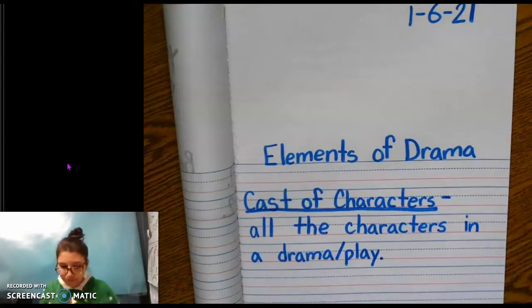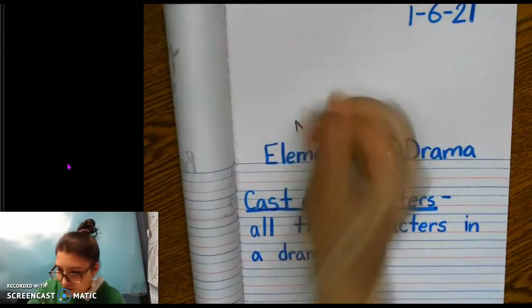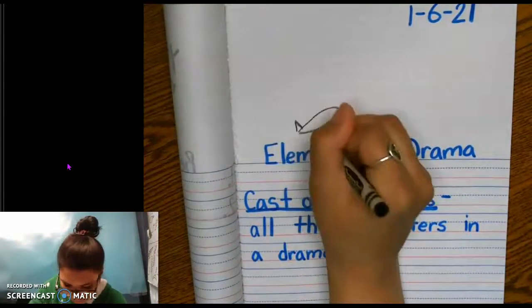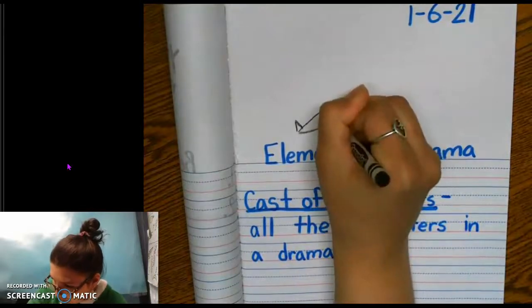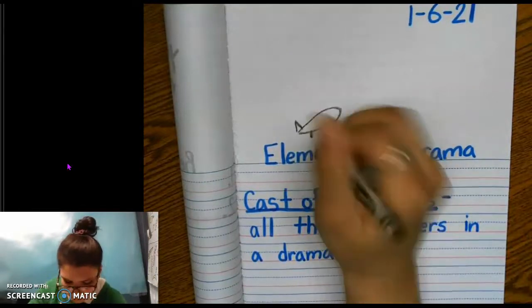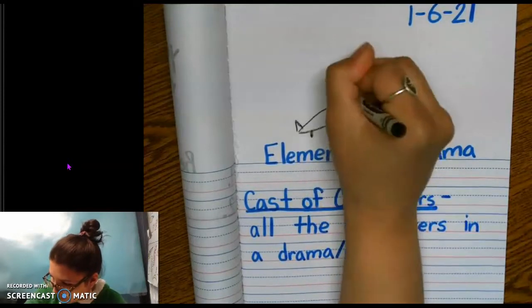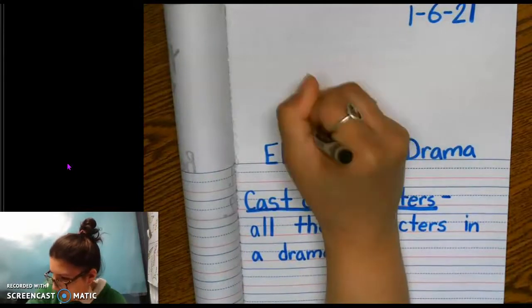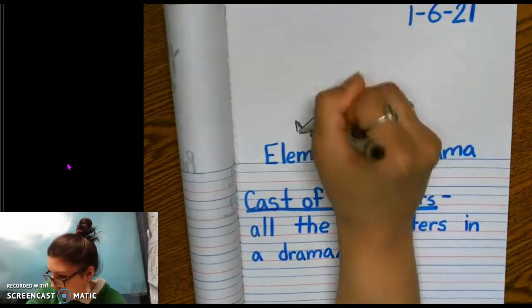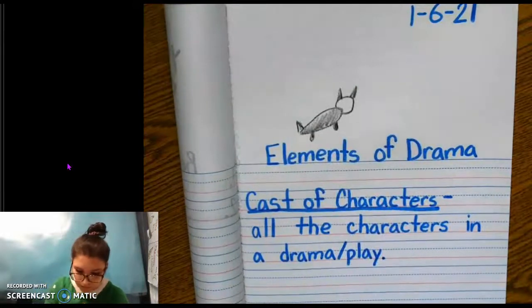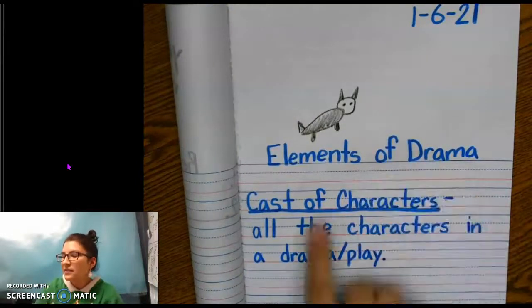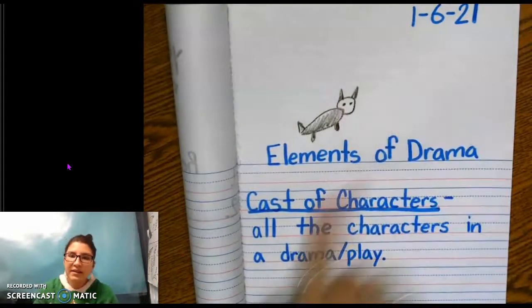All right. So what I'm going to do is I'm going to do my very best to try to draw a wolf. And what I'm going to do here is I'm going to draw a picture to help me remember, okay, this is cast of characters, okay?